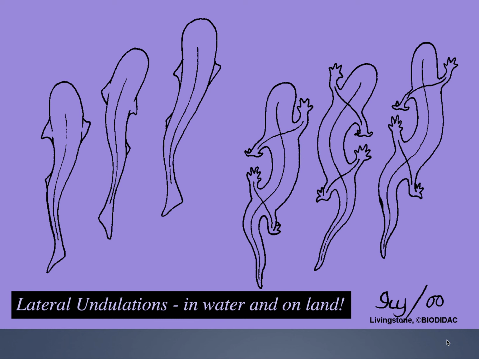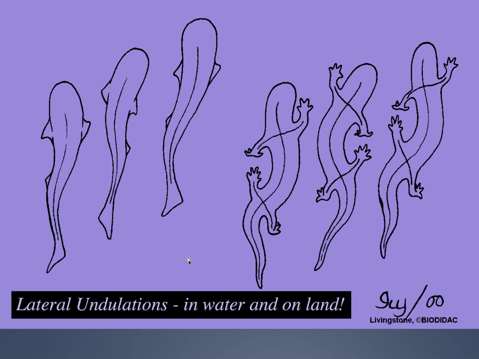As we take a look at motion here, something really interesting that I teach in my comparative vertebrate anatomy class is the role of lateral undulation, that is moving from side to side. Over here on the left side, we're looking at the way a fish might be moving through water, whether it's a shark or a big bass.